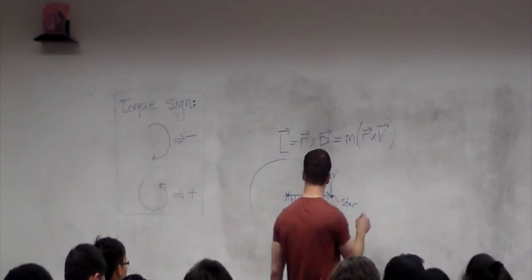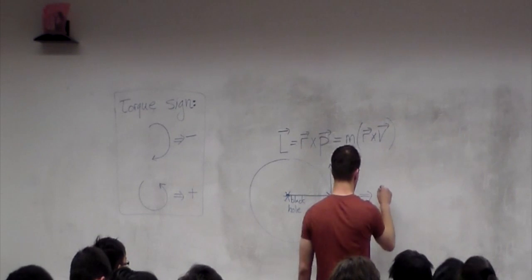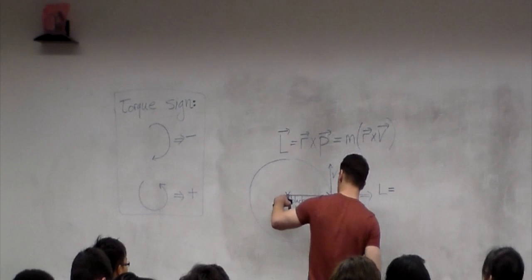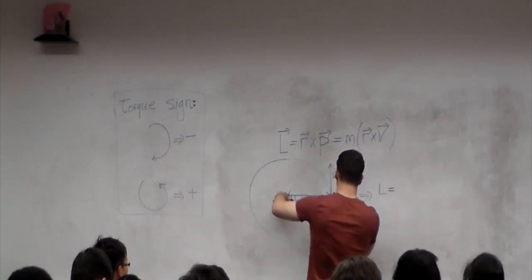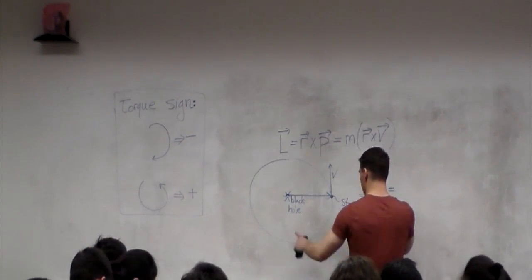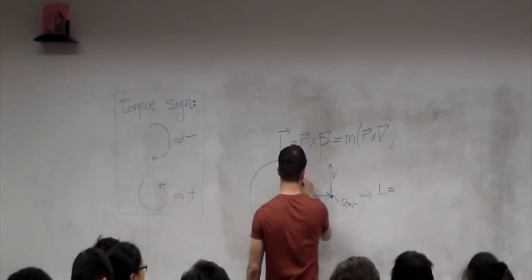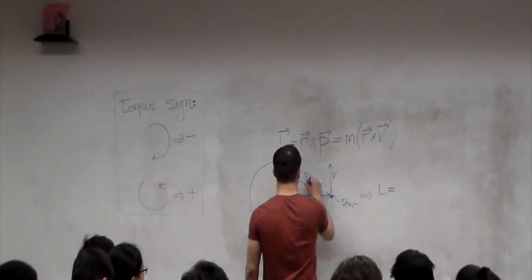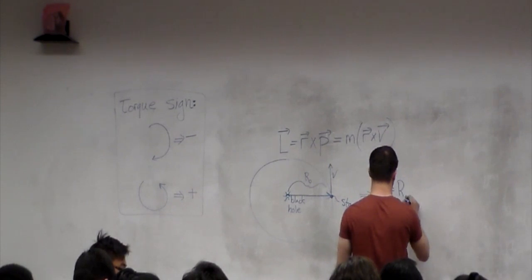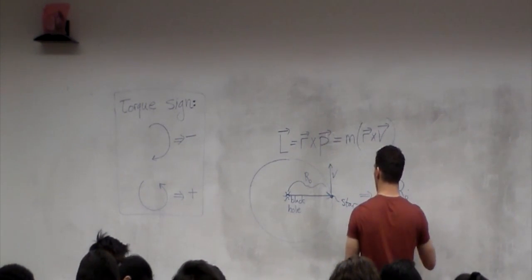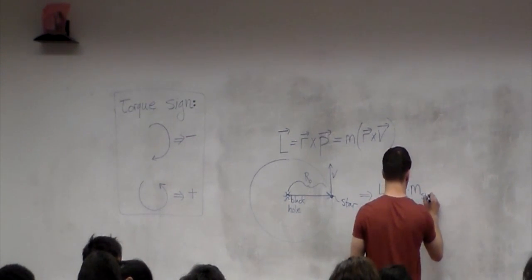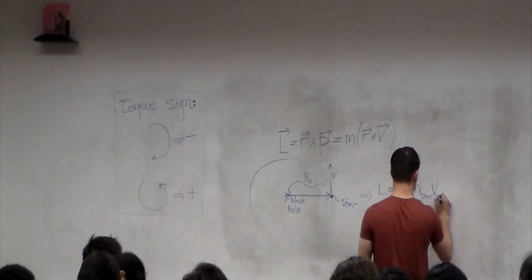And so the angular momentum in magnitude about this axis is equal to this distance, call it R sub O for the orbit, the orbital distance, times the momentum of the star, which is the mass of the star times the velocity of the star.